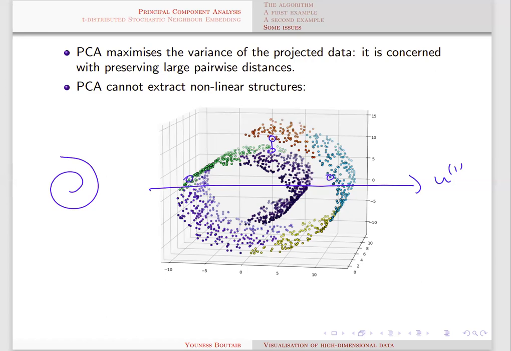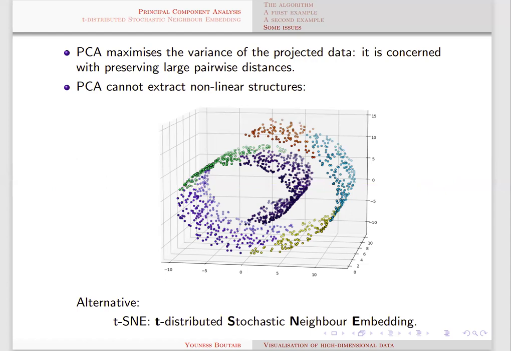A better way to measure the distance in these examples is to take the geodesic distance, meaning that you measure the length of the shortest curve that goes along the sheet of paper and connects the blue points to the red points. And here we see that this distance is very large. A better way to study this example is to use t-SNE, t-distributed stochastic neighbor embedding.